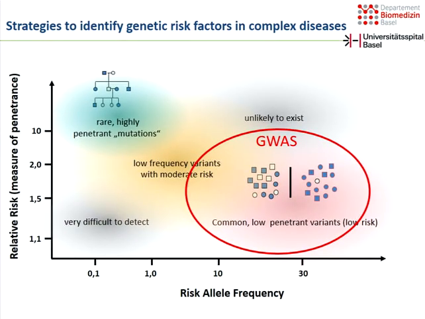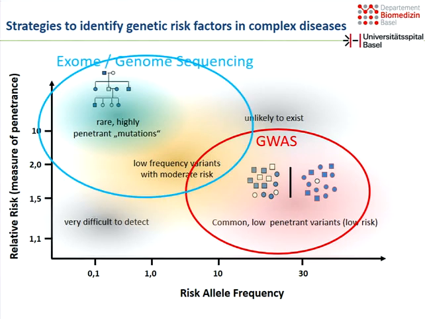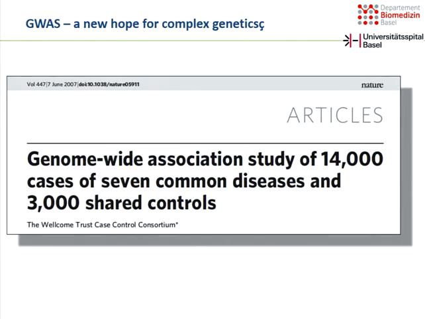So this is also something that Jason has shown already. So the strategies are basically the GWAS strategy to identify common risk variants for the disease, and exome and genome-based sequencing to identify rarer variation with larger effect size. And so let us start with the GWAS.